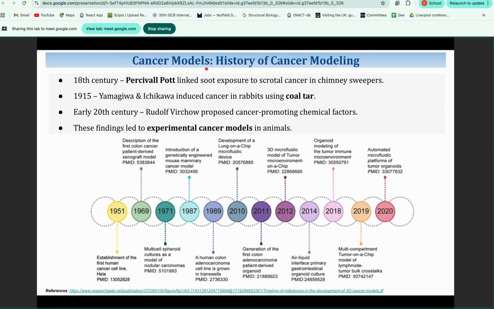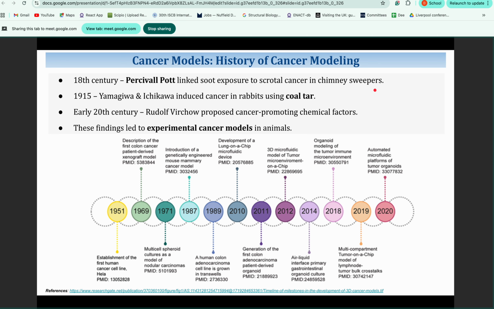Now we'll talk about the cancer models, starting with the history of cancer modeling. In the 18th century there was a person named Percival Pott. He linked soot exposure to scrotal cancer in chimney sweepers.